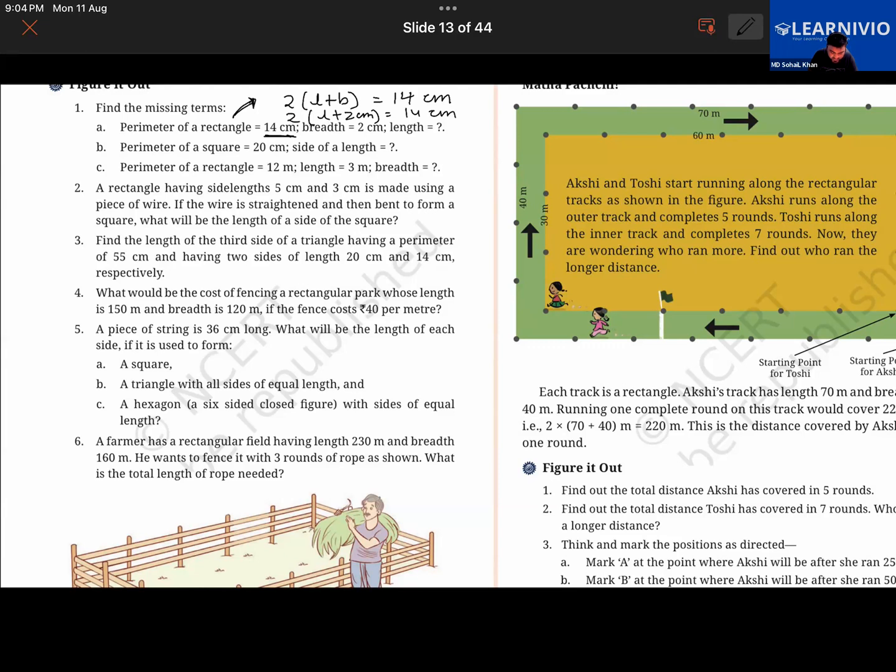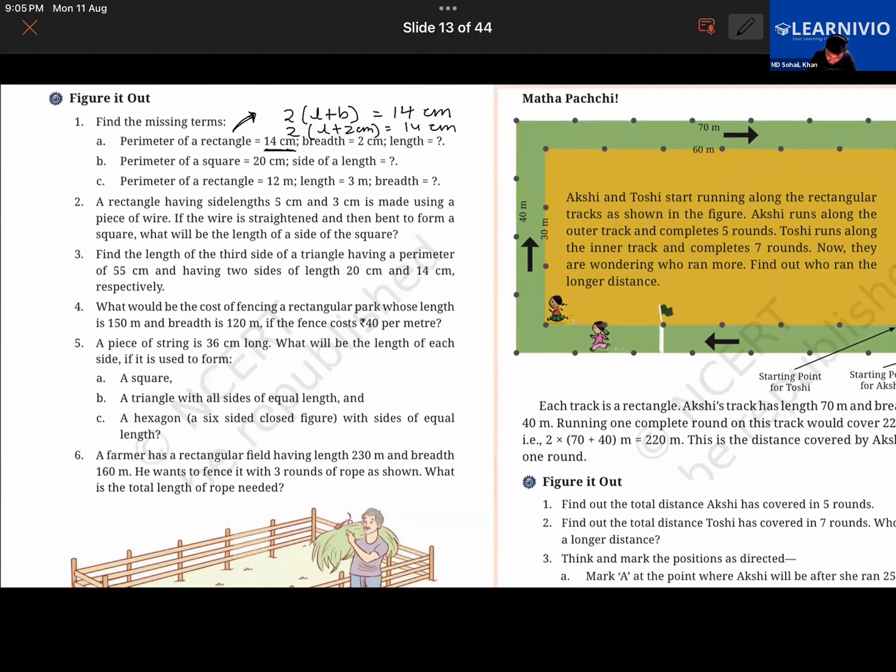Also, you know that if there's a number or a variable outside the bracket like this, that number is in multiplication with all the values inside the bracket. 2 is in multiplication with length, and 2 is in multiplication with the breadth, that's 2 centimeter. I'm going to write over here. So that is 2 times length plus 2 times 2, that is 4, equals 14.